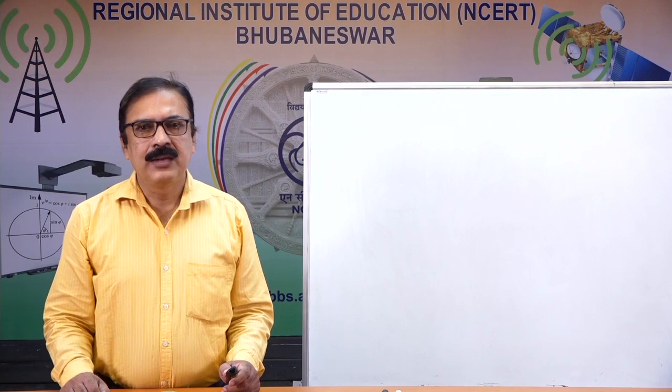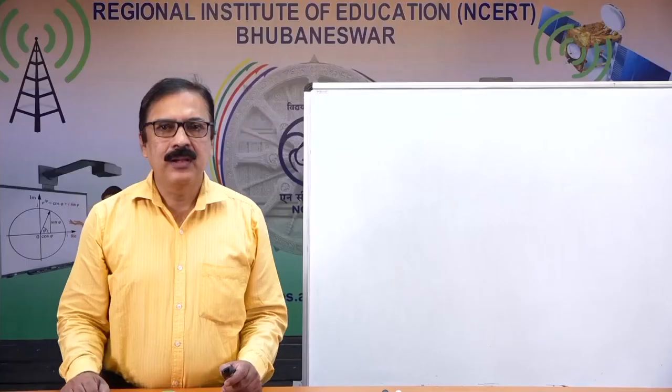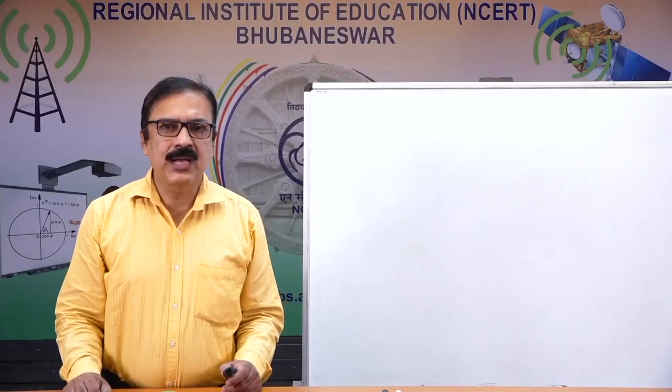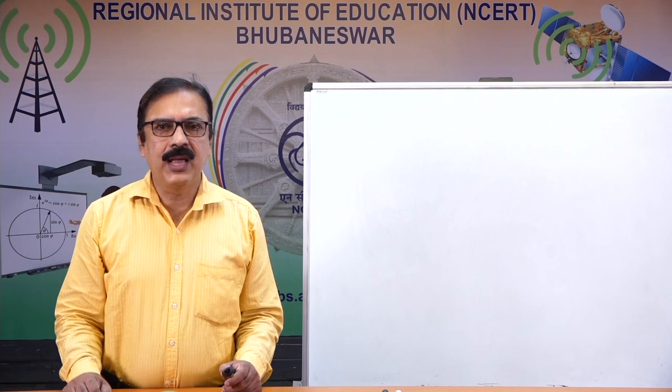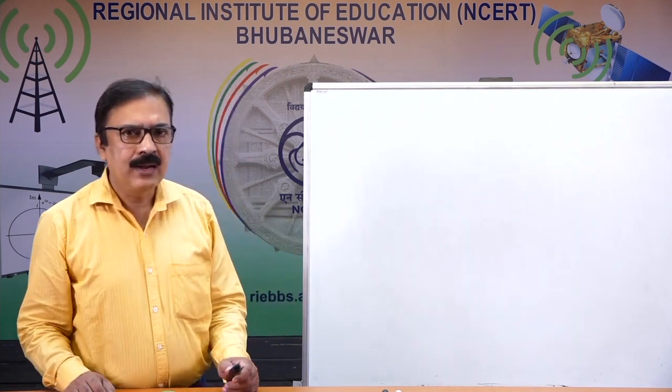Next we will learn the remainder theorem. First of all, as this is a case of division, let's take a simple division. Divide 44 by 6. Here 44 is the dividend and 6 is the divisor.